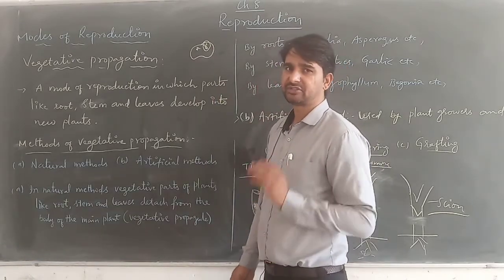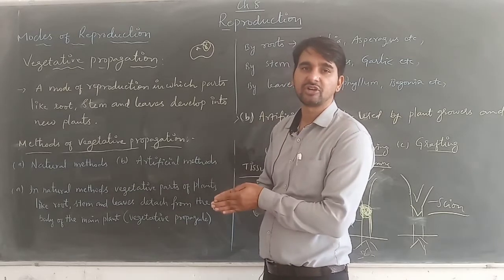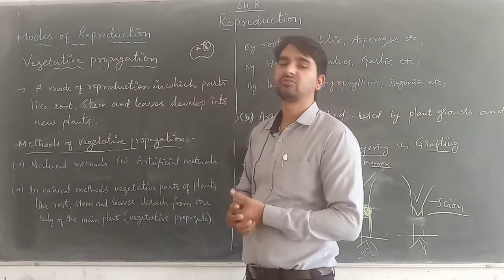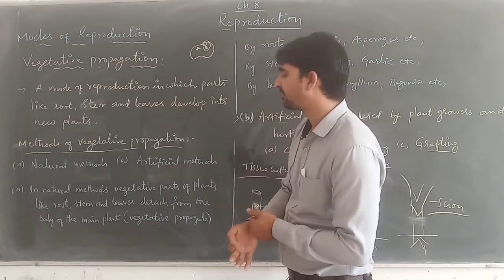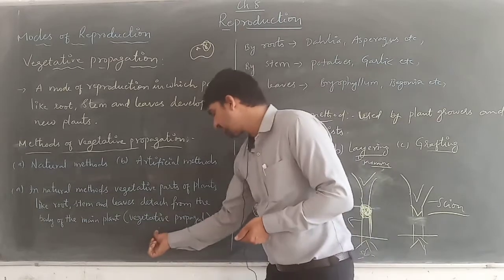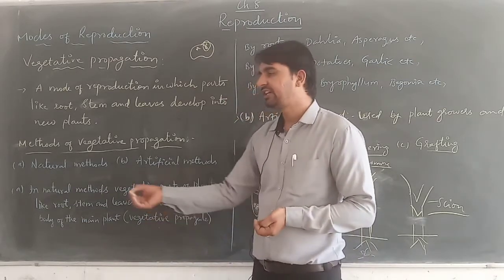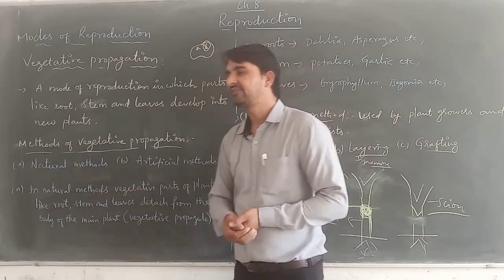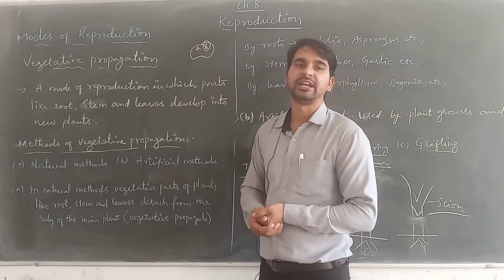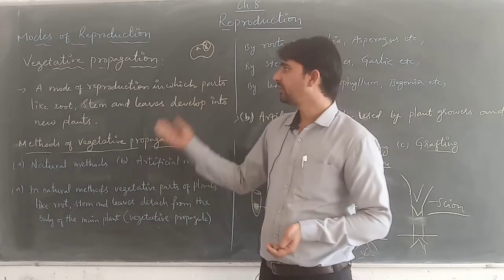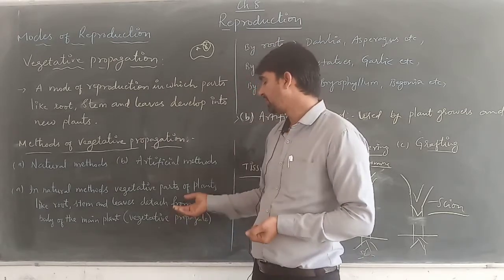That means from the nodal region or the bud region of the plant, a small outgrowth starts developing either from the roots, the stem or the leaves, which we call a vegetative propagule. After attaining certain growth, it gets separated from the parent plant and develops into a new individual. This we call the natural method of vegetative propagation.